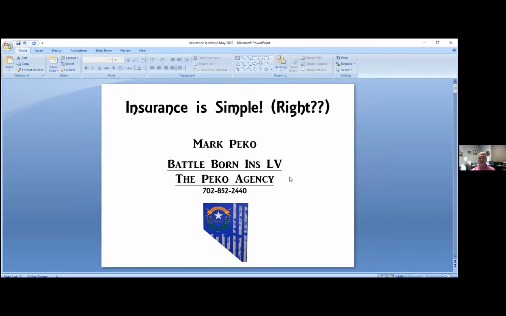More than happy to do that with anybody, but realistically, and I think Julie can agree with me, a lot of people have misconceptions about insurance. It's simple, it's hard, it's complex, it's basic, it adds value, it's a scam, pretty much across the board. So we're going to talk a little bit through some of those things.